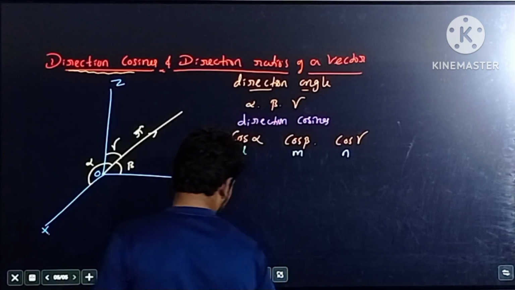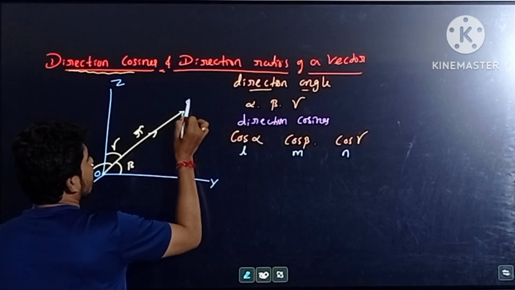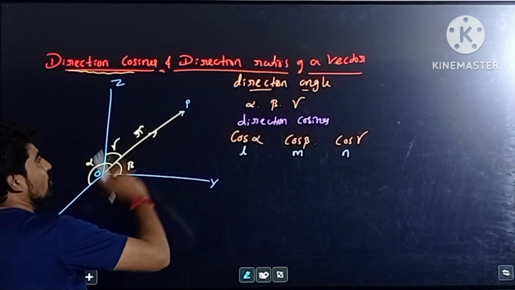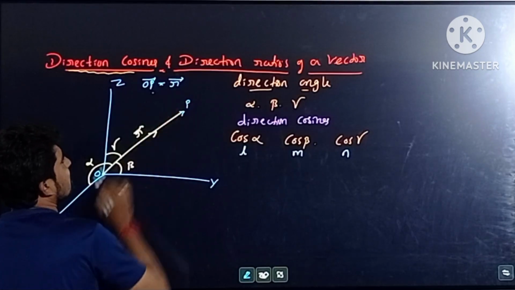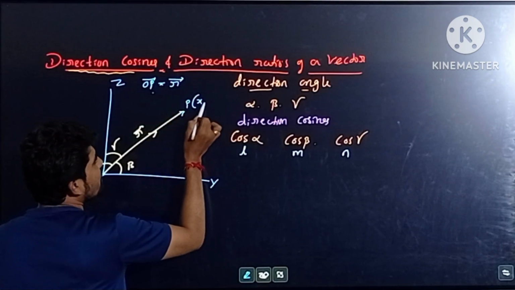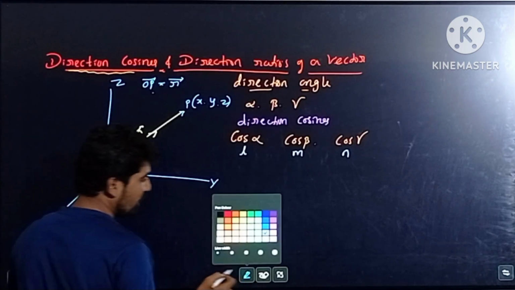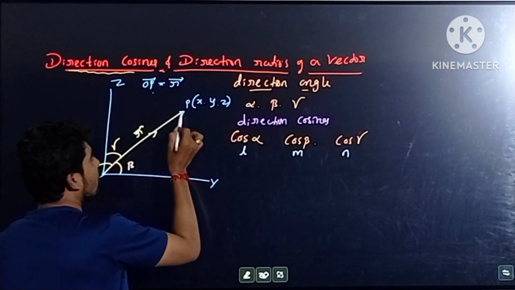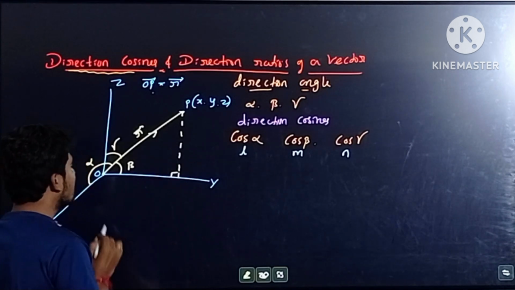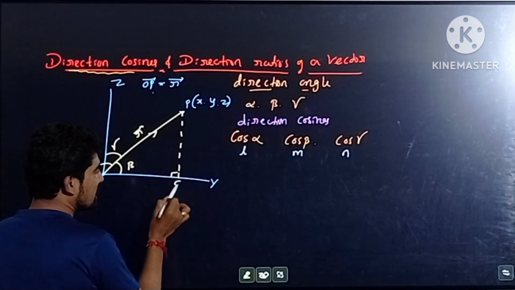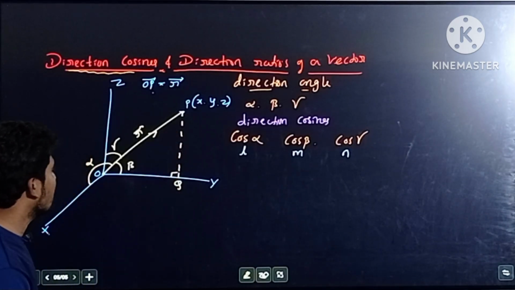And here we need to discuss one more thing. See here, suppose this is a point P, the position vector of the point P is the OP vector, and the OP vector is defined by the r vector. Suppose the coordinates of the point P are x, y and z. If I draw a perpendicular line from the point P to the positive y-axis, then definitely OQP is a right angle triangle.